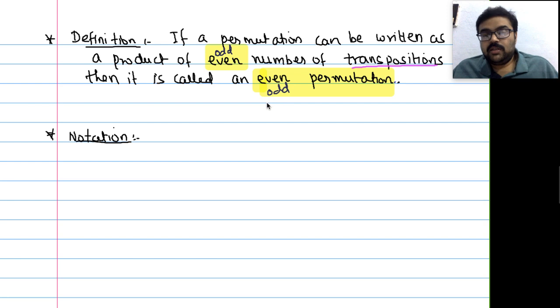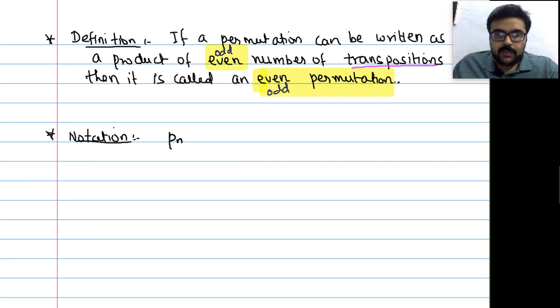An odd permutation, if it can be written as an odd number of transpositions, odd number of 2 cycles in one representation, then in any representation the number of 2 cycles will always be odd. So that means the definition makes sense. So it is a well-defined thing.